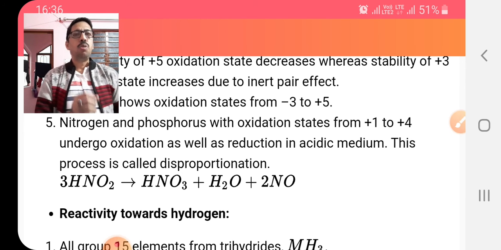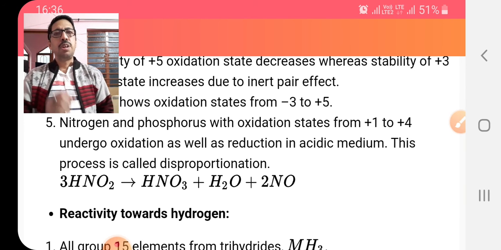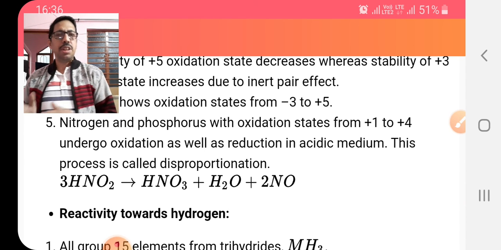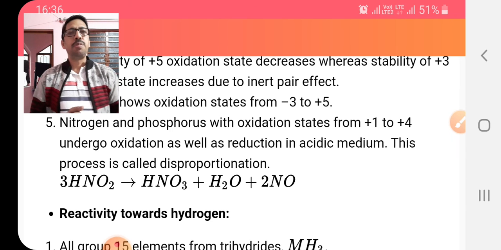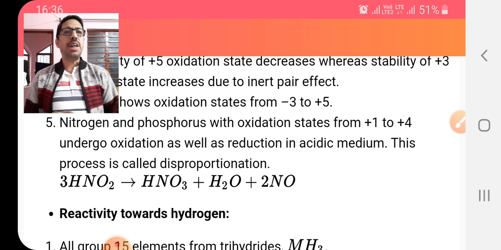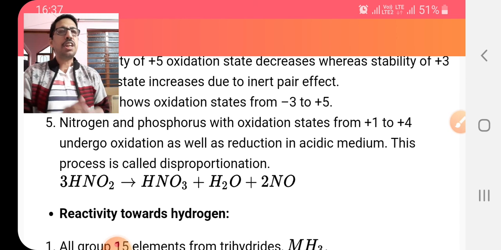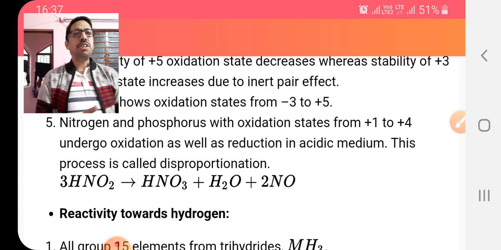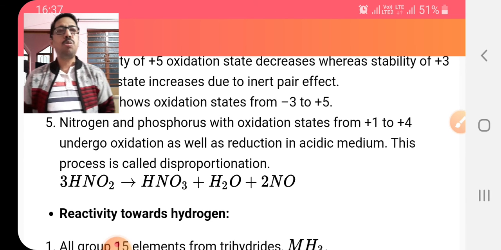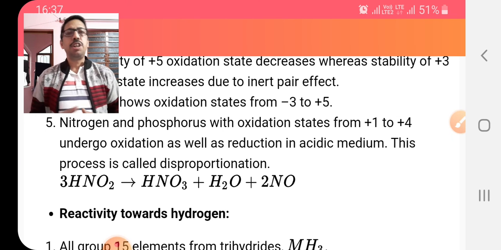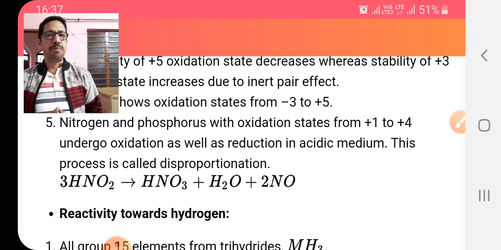acid, water and NO. In nitrous acid, when you find out the oxidation states, which you have already studied in class 11, you will find that nitrogen shows both oxidation and reduction in these compounds, that is HNO3, HNO2 and NO. So such types of reactions are known as disproportionation reactions.